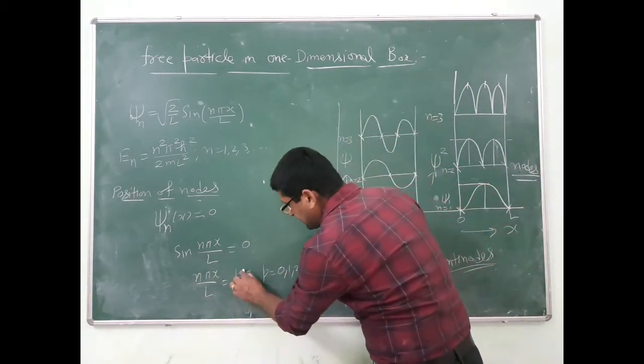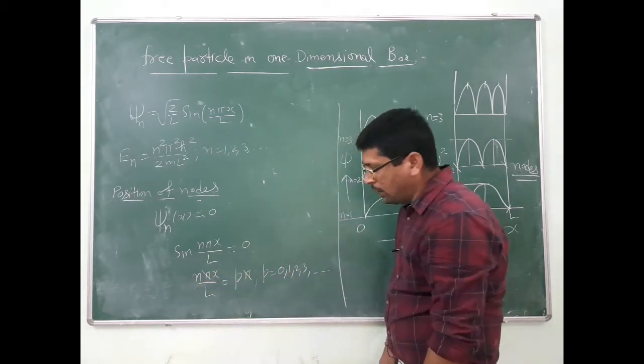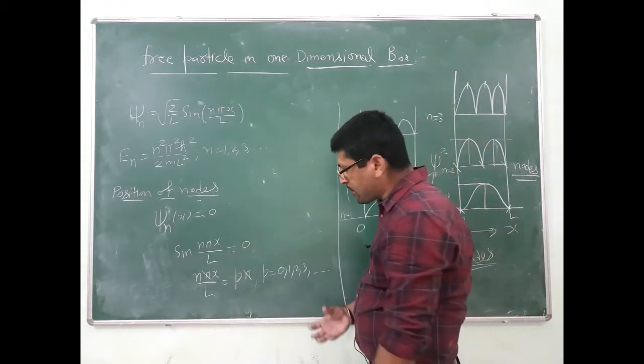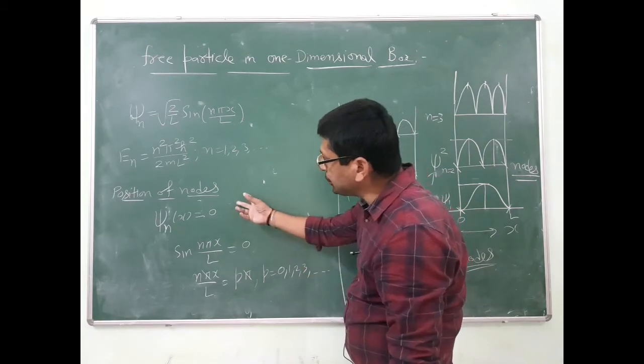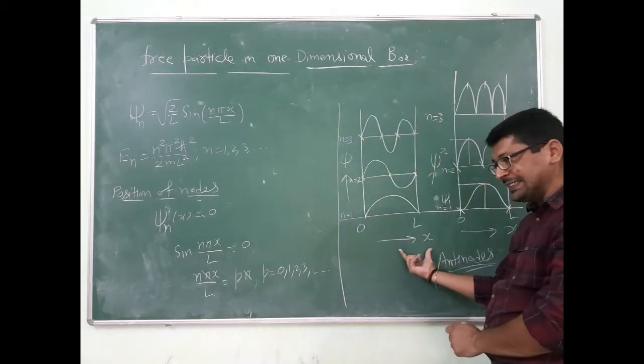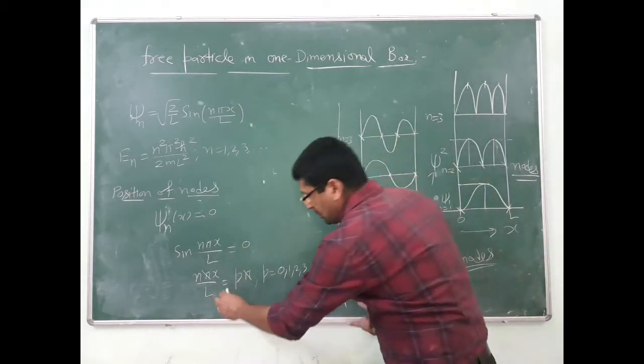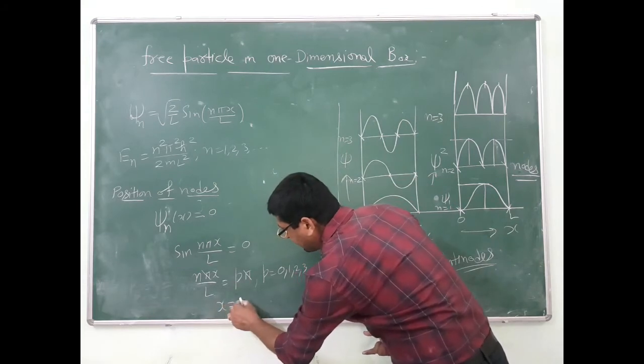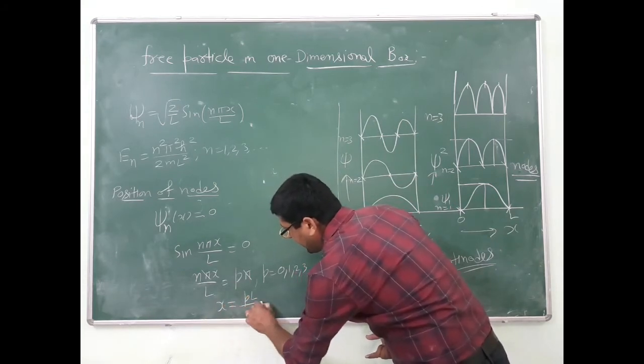So further solving, pi will get cancelled out, and we are interested in the position along the x-axis, so x will be pL by n.